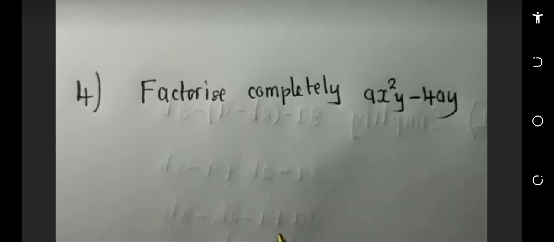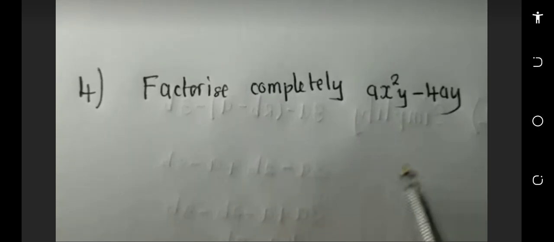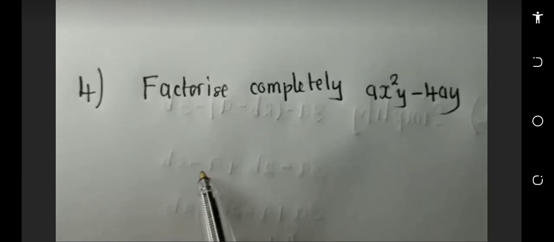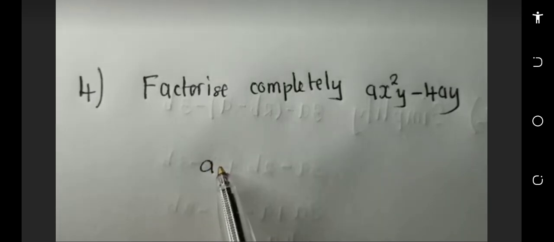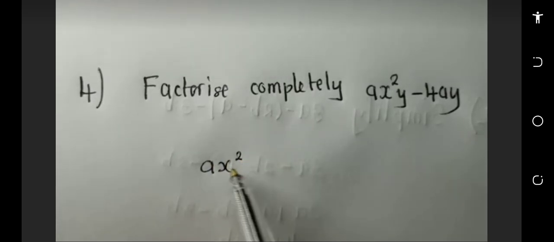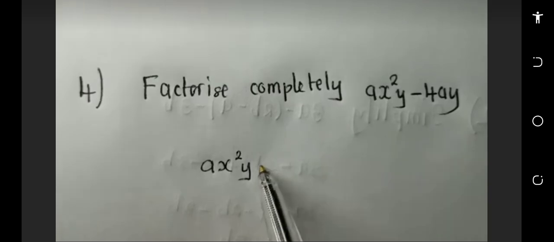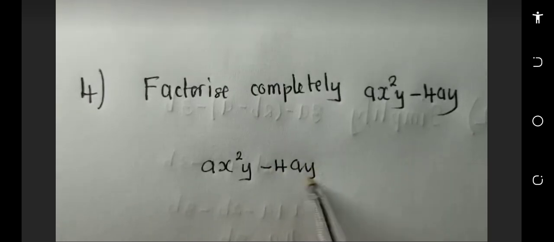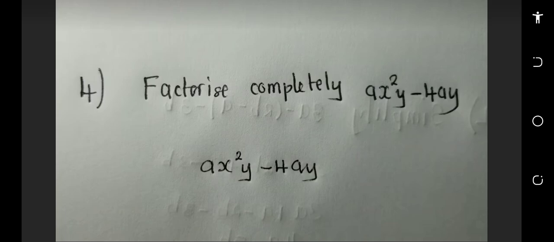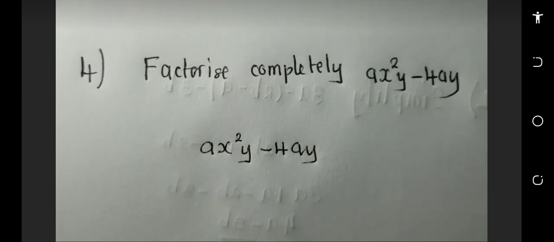So for question 4, we need to factorize completely. So we have ax power 2y minus 4ay. So here, we don't even need to waste our time. We just check what is it that is found here and here. It's a, y.